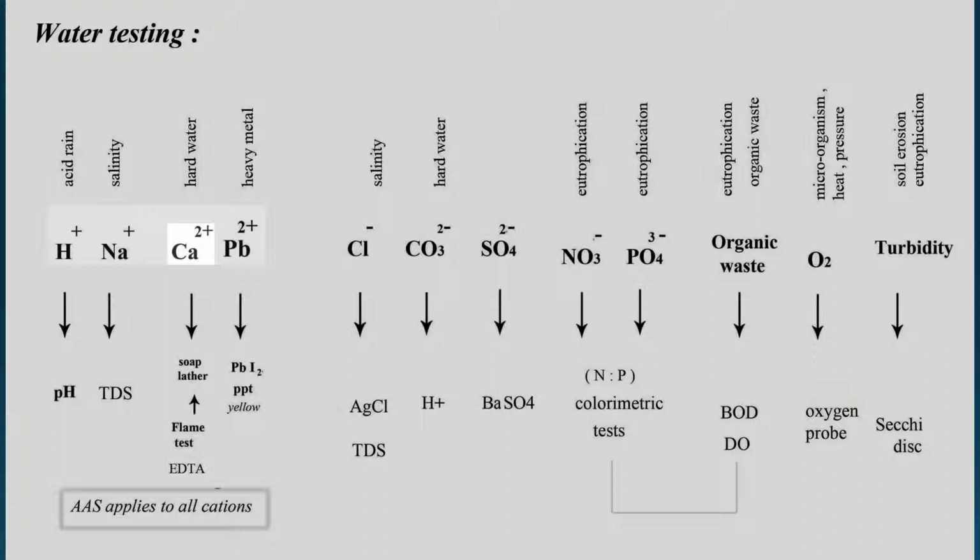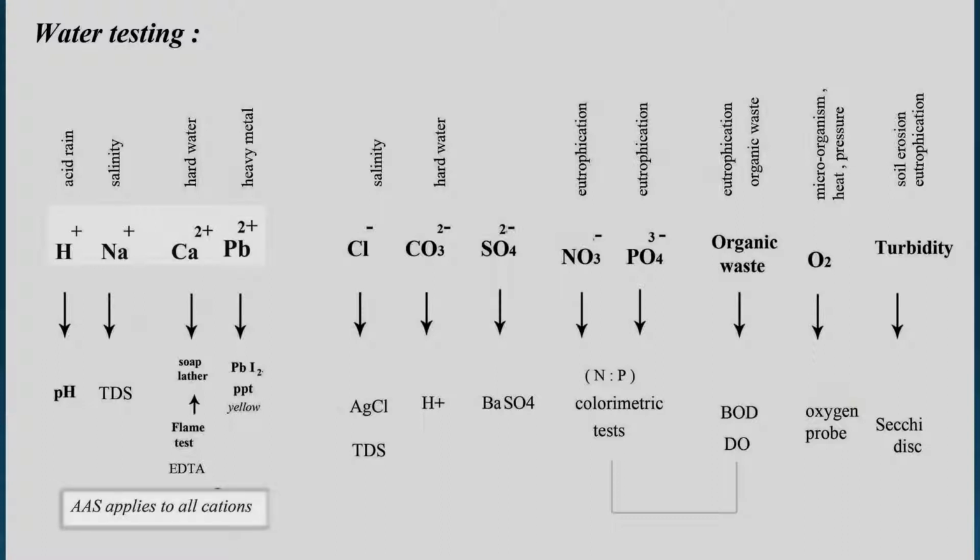Test with soap to see if it forms lather. You can use a flame test, precipitation test, or EDTA. Pb indicates heavy metal. Testing: PbI2 precipitate is bright yellow.